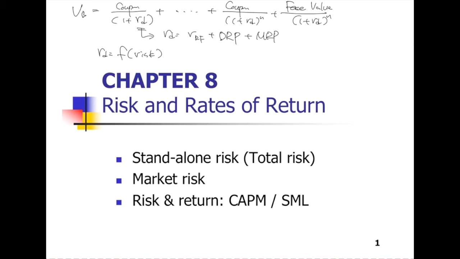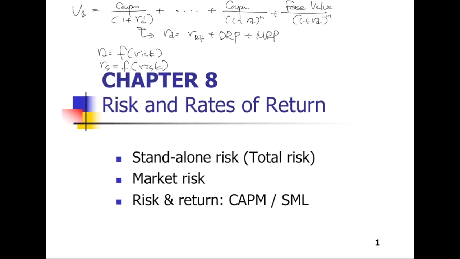So we can suggest a question like this: what kinds of risk factors affect RS, the discount rate on stock, or required rate of return on stock? So RS, what risk affects it? In this chapter, we will learn this relationship, the risk and the rate of return of stock.